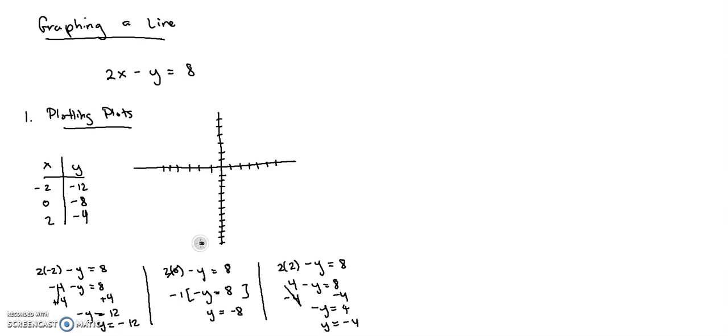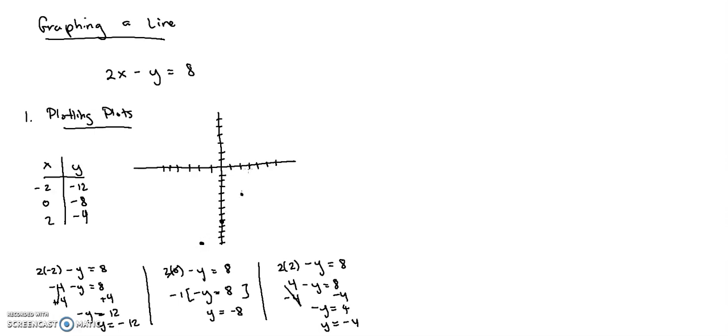That's going to be here. Then we've got 0, -8. That should be here. And then we've got 2, -4, and that should be about here. Okay, so there's our 3 points, and we can see that they're in a line.